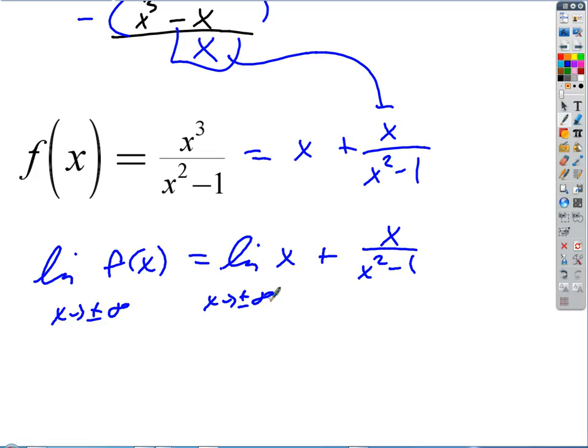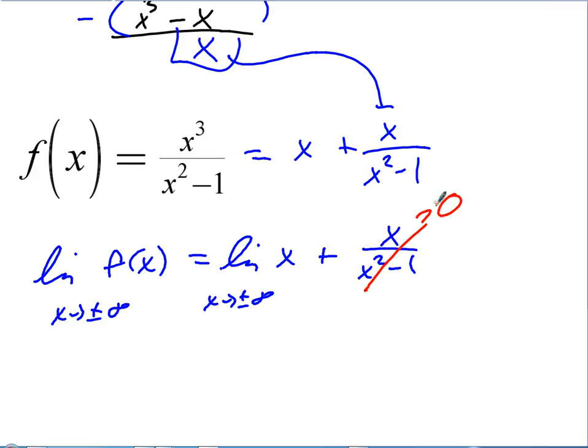And this is just one of the cases that we looked at in 3.5. This is just a rational function where the bottom polynomial is higher order than the top. And so this thing goes to 0, and all we're left with is the limit of x as x goes to plus or minus infinity.